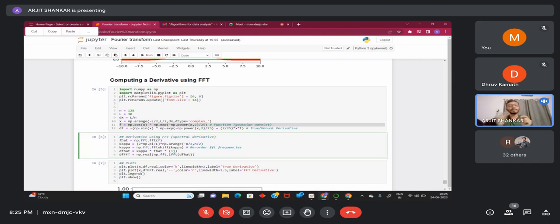Kappa 1 should match f1 hat, kappa 2 with f2 hat, and so on. That's what fftshift does. It arranges it that way.